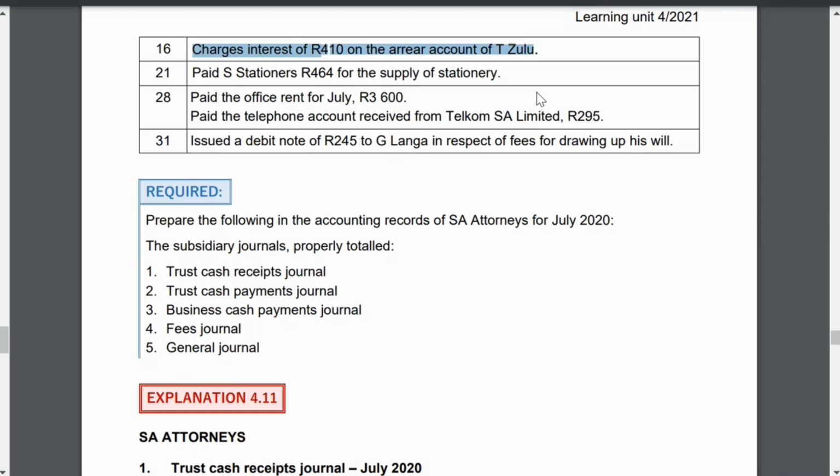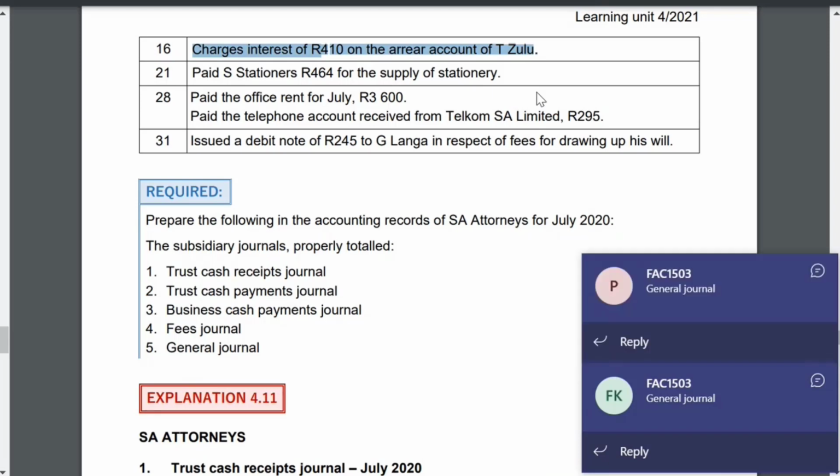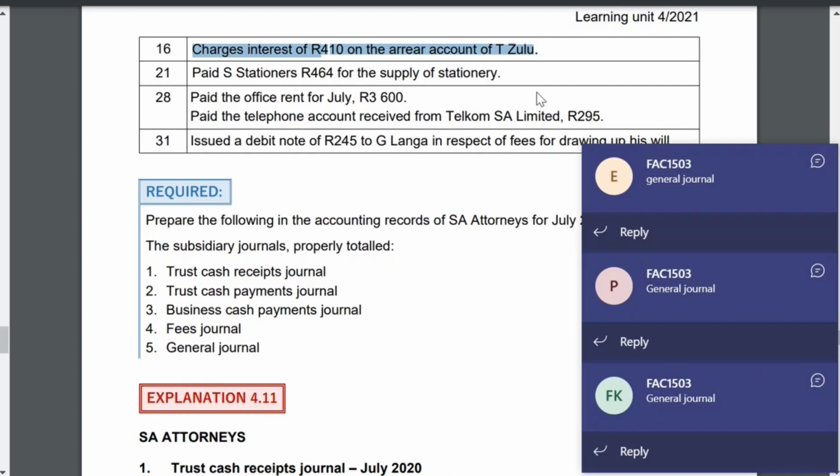Charges interest of 410. Number 16, Faith is saying General Journal, Bali, General Journal, Alicia, General Journal.